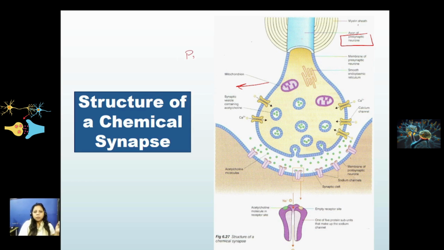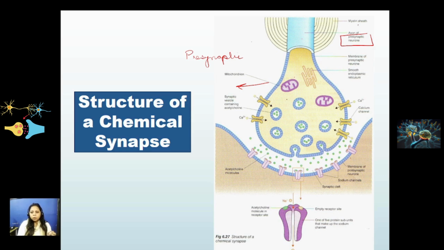Keep in mind that there is an active transport in the synapse. It has been discussed so many times. Active transport needs energy, and that energy comes from the mitochondria. So it must have lots of mitochondria to give energy for the conduction of nerve impulse.